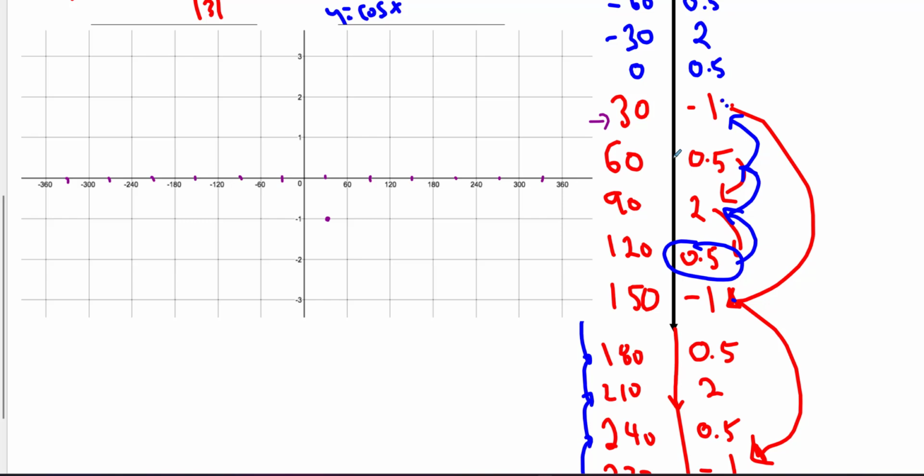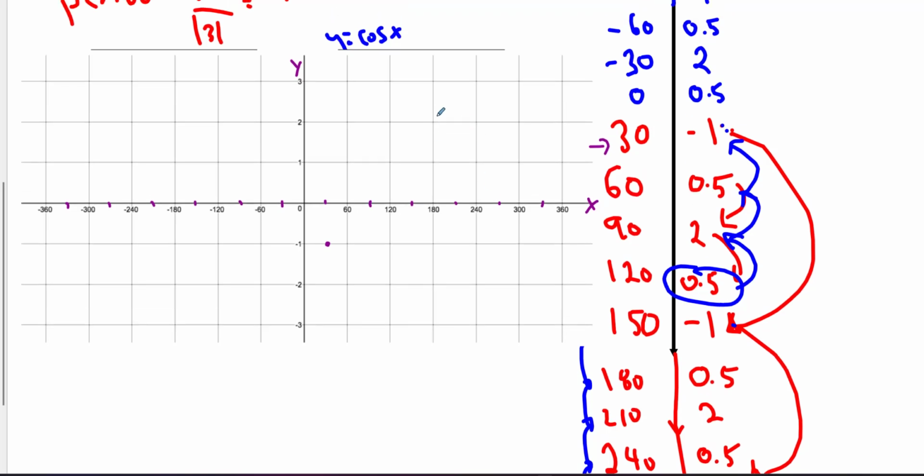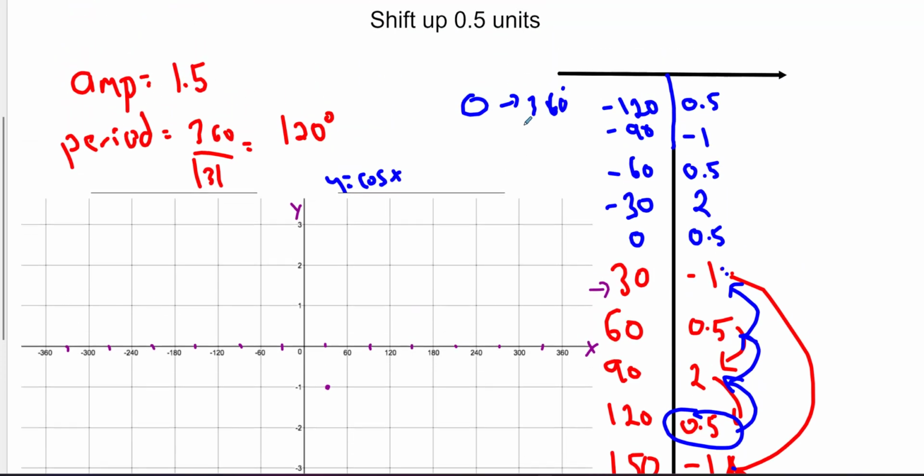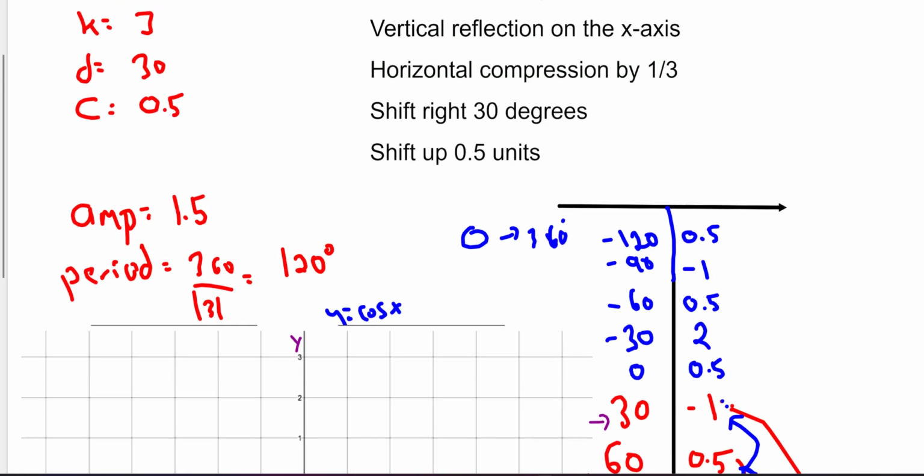My next value is 60 and 0.5. Oh, actually, sorry, I forgot to mention something. Before you start drawing, you obviously make your scales, like your y values and x values, which we did. But the very first thing you always do when graphing is draw a dotted line to show where your midline is. And where is your midline?